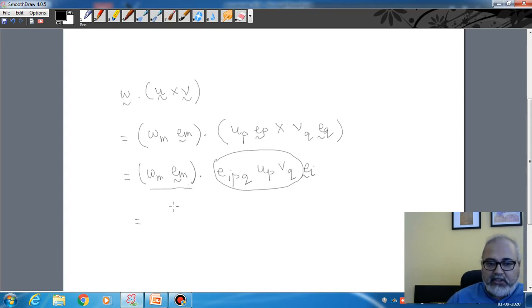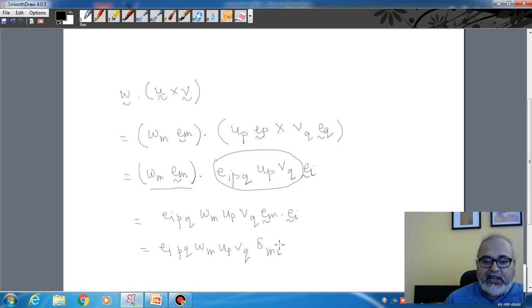So I have EIPQ WM UP VQ, all of these are scalars, and then I have EM dot EI, which we know can be replaced by EIPQ WM UP VQ delta MI.